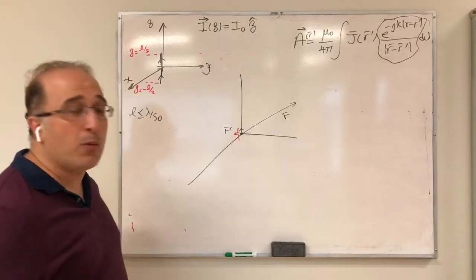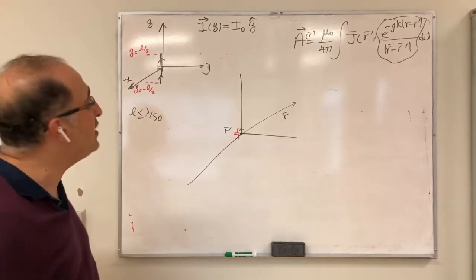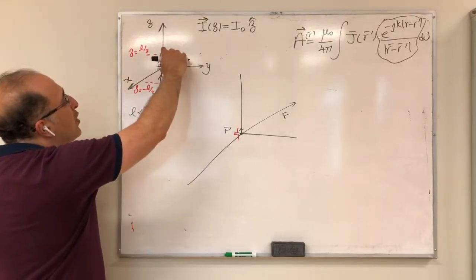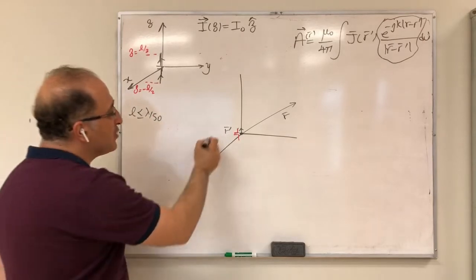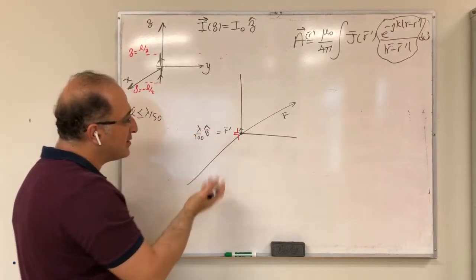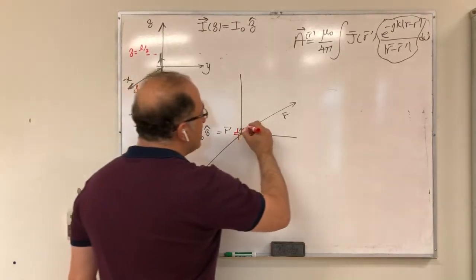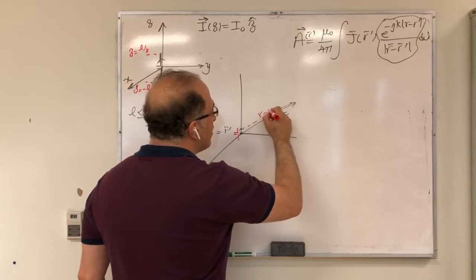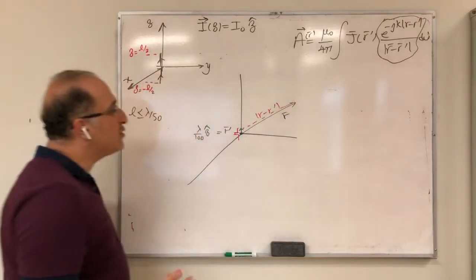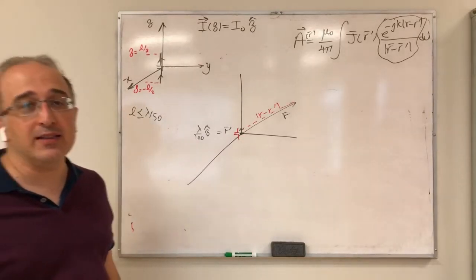What is the maximum of R prime, you think? If the total length is λ/50, the maximum of R prime would be λ/100 z hat. So this is going to be very tiny. And if this is your R, this becomes your R minus R prime. As you see, R minus R prime is practically the same as R in this case.